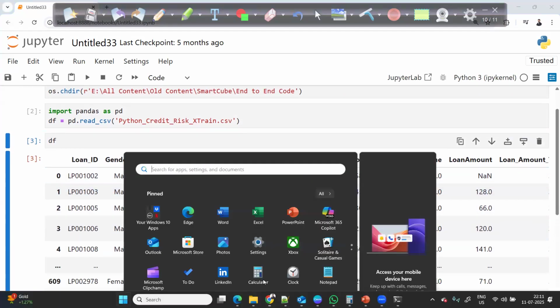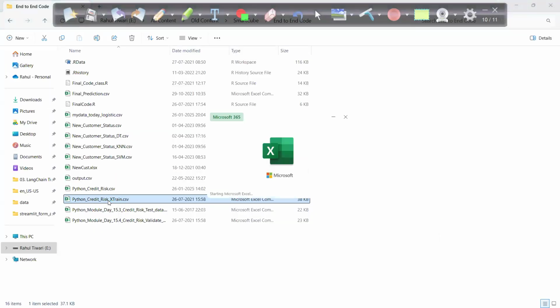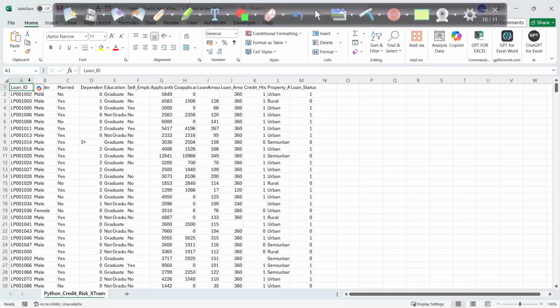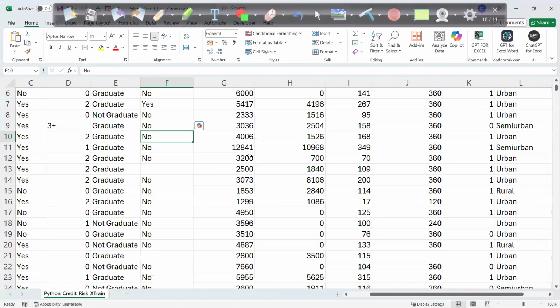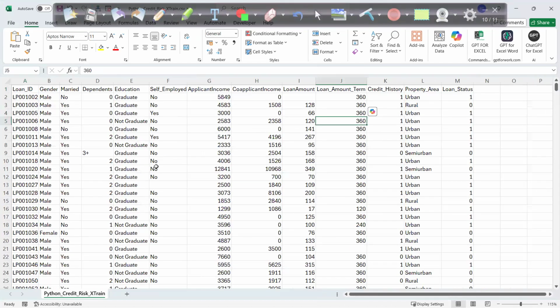First of all, let me open this data in the Excel file as well. Here is the data set. So this is the data which I am using, right? Okay, so this is my data set which I am using.